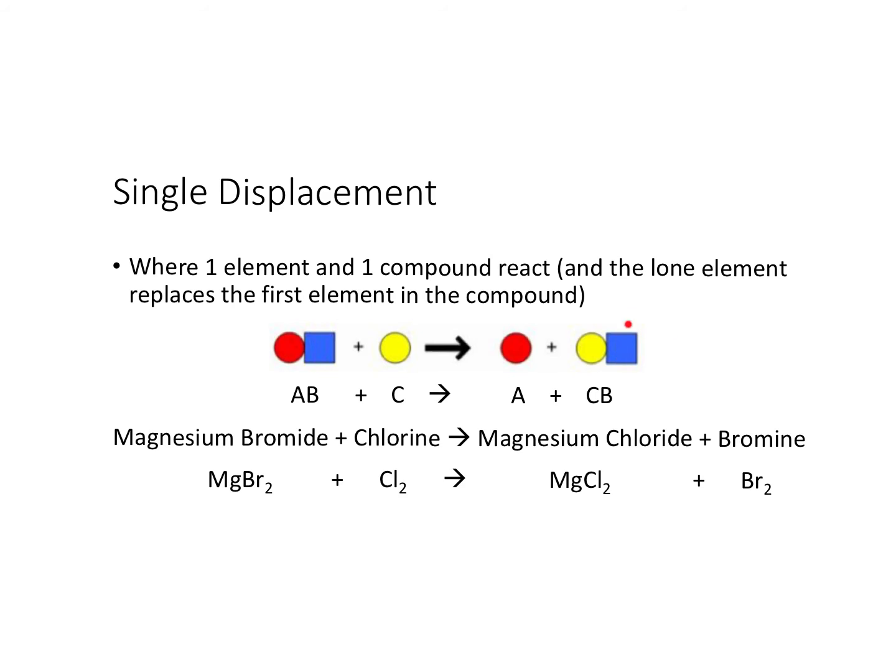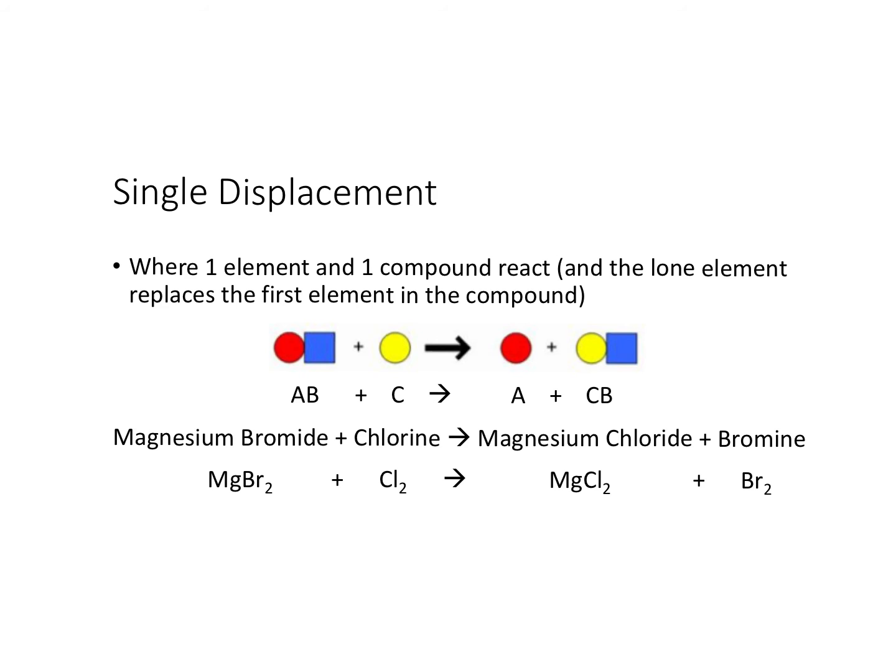So now we have blue paired with yellow, where before blue was paired with red, and now we have red all alone. And so that's exactly what a single displacement or single replacement reaction is. We are replacing one of the components of the molecule or compound.